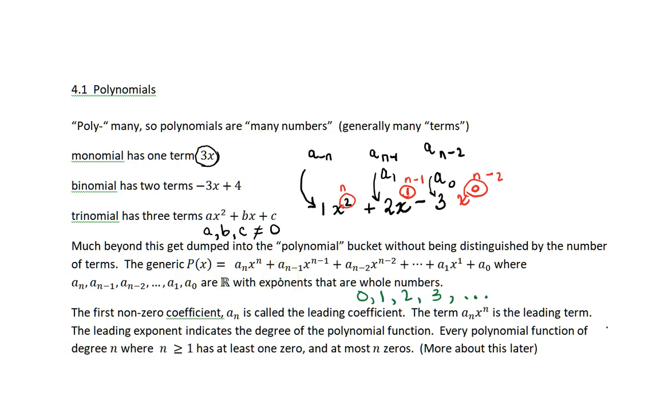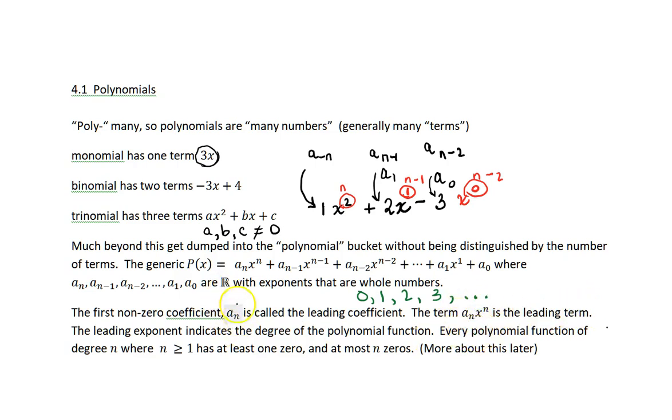All right. So when you have sorted out your terms, you've got your first non-zero coefficient a sub n. It's called the leading coefficient. That's going to become important in a moment. The term a sub n x to the n is the leading term, right? The term has the x attached to it.